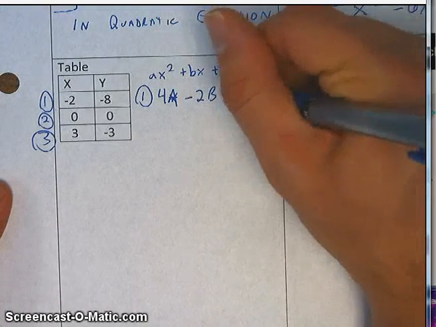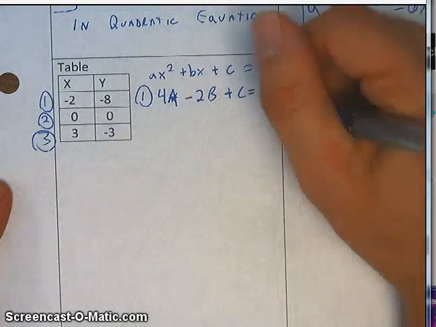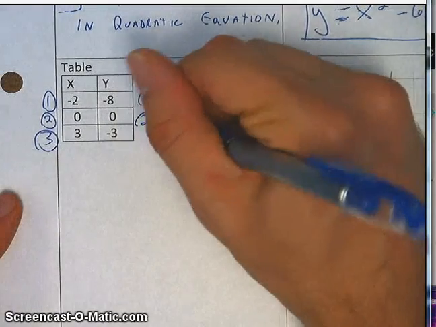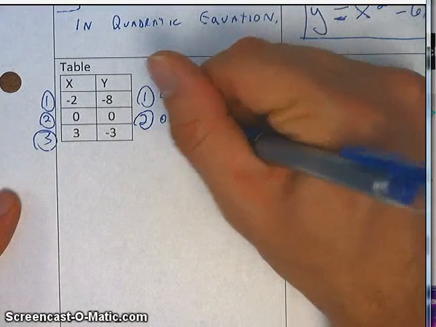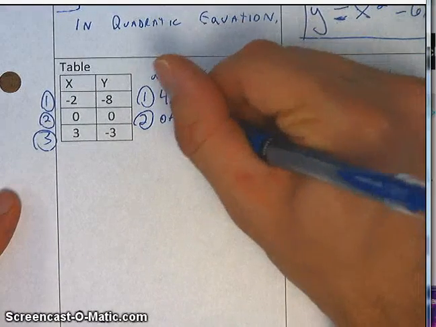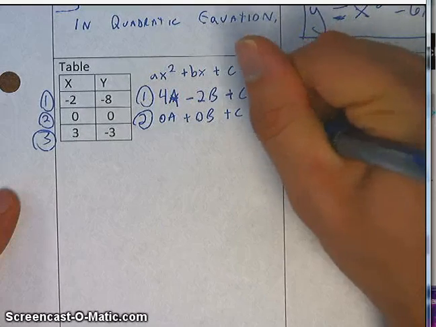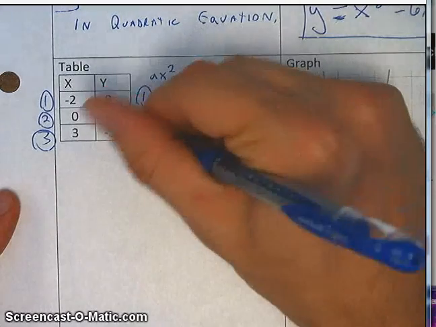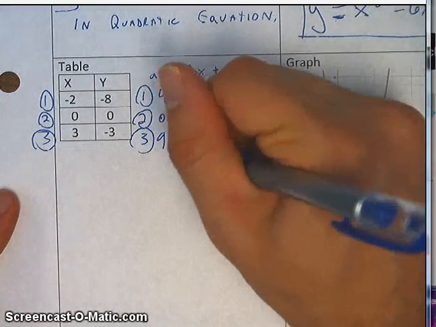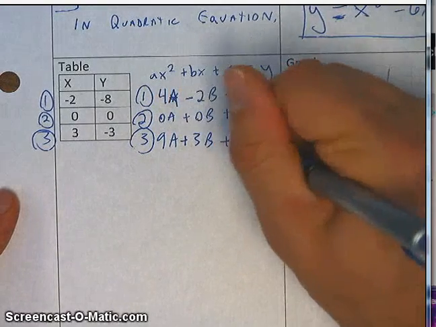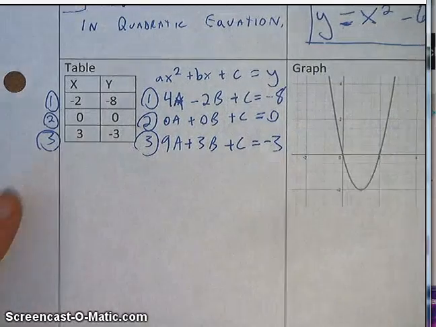It's just going to be plus c every time, and that's going to equal negative 8. That's equation 1. Equation 2, 0 squared is just 0a, 0b, and then c equals 0. Equation 3, 3 squared is 9a, plus 3b plus c equals negative 3.